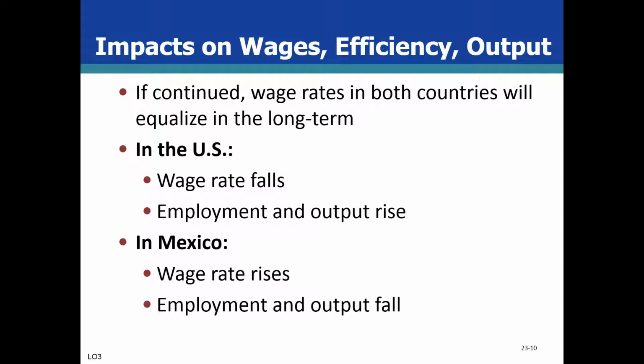In Mexico, the wage rate increases and the standard of living goes up, but the employment and output fall. So you need to understand how you would answer that in terms of what are the efficiency gains from migration. You can articulate those because you know the basic assumptions that go into making the model work.